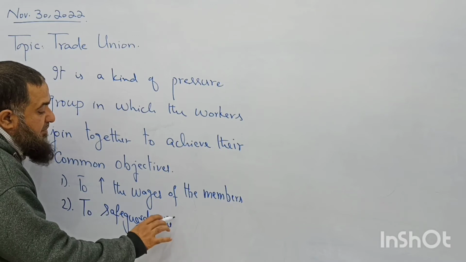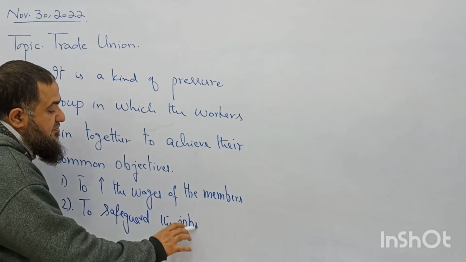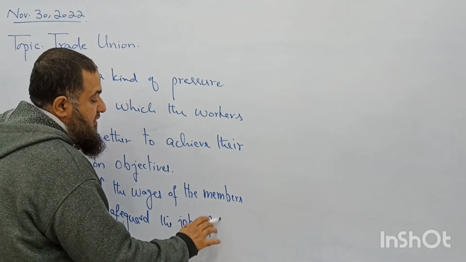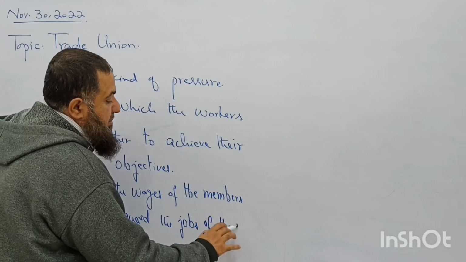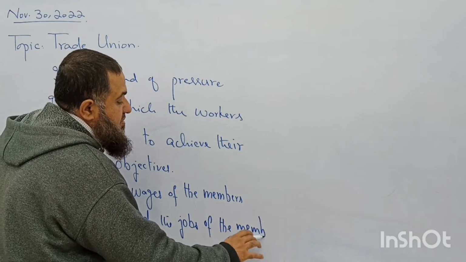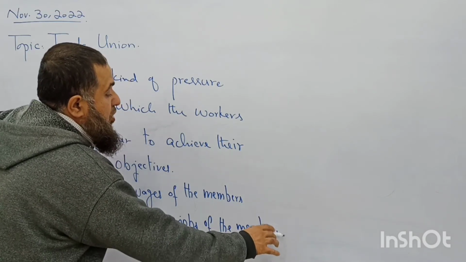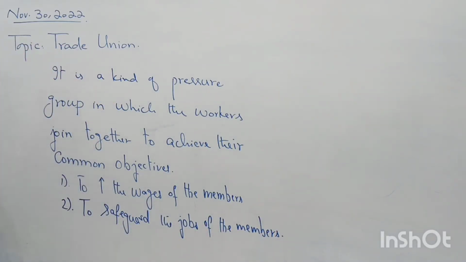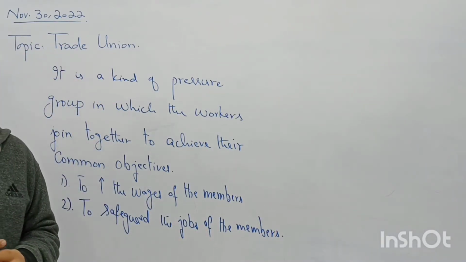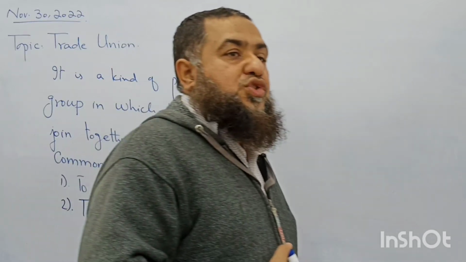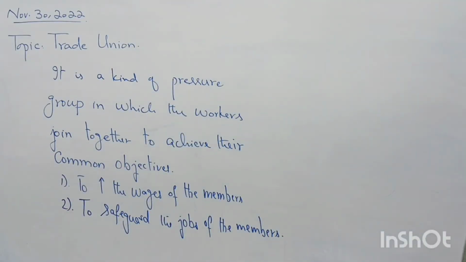Now the second objective of the trade union is to safeguard the jobs of the members. What do you mean by this? No unfair dismissals of workers should be there. No worker should be dismissed from his work without giving any notification.